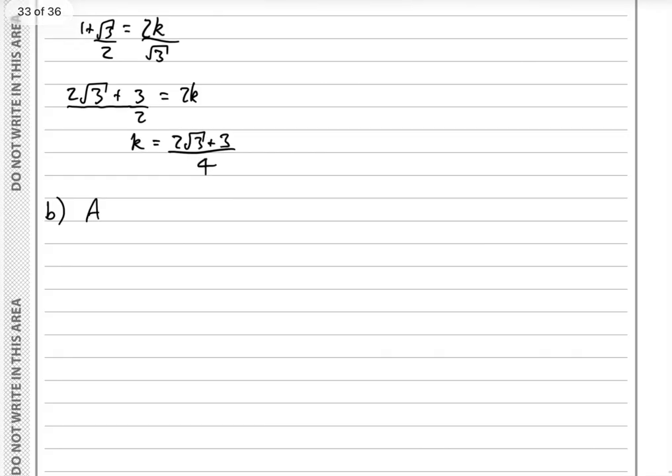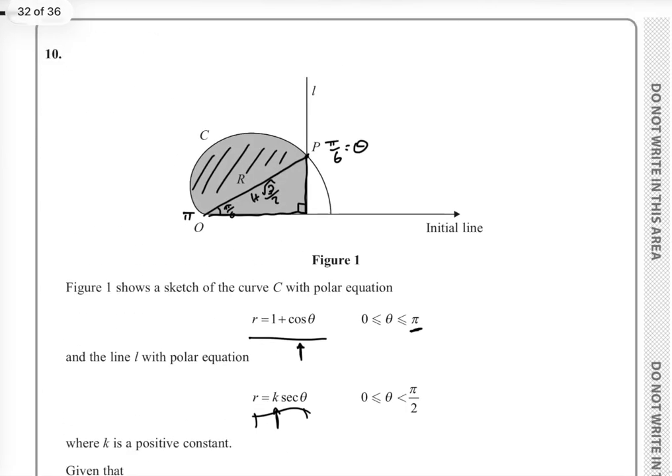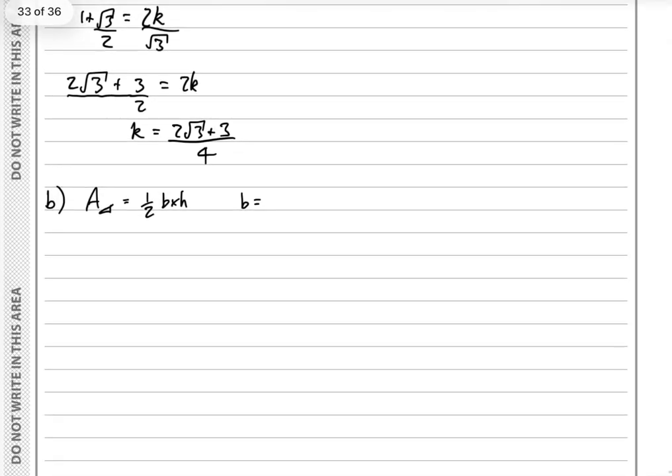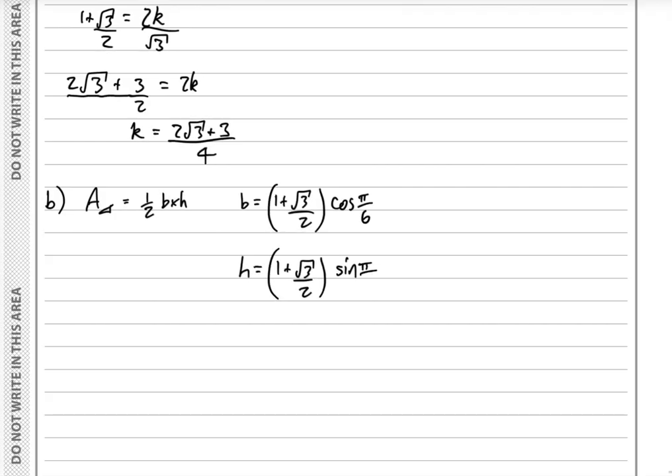So the area of the triangle is equal to a half base times height, where the base is equal to 1 plus root 3 over 2 cos of pi by 6. And the height then is equal to 1 plus root 3 over 2 times the sine of pi by 6.